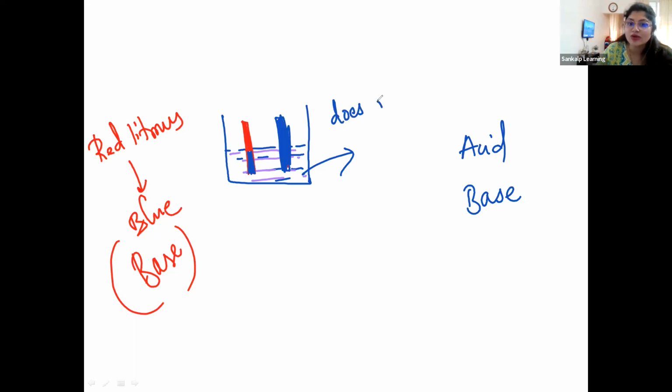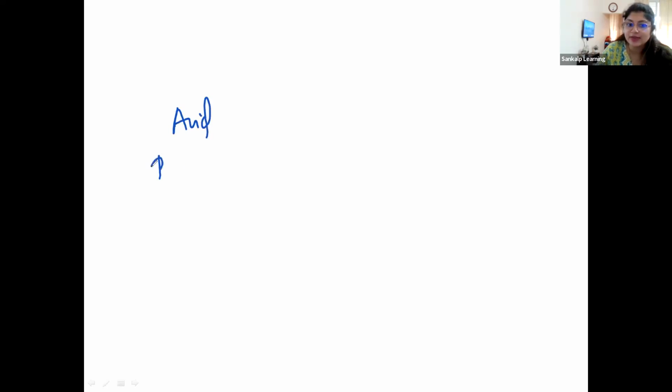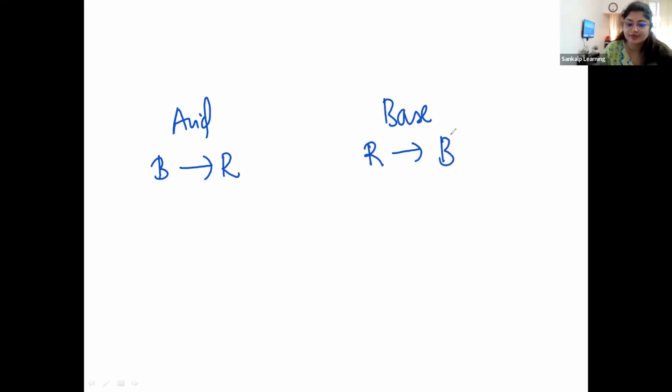It does not change. So the conditions are like that: whenever you have an acid, it turns blue litmus red, and whenever you have a base, it turns red litmus blue.